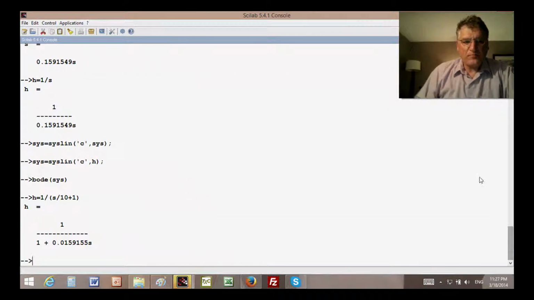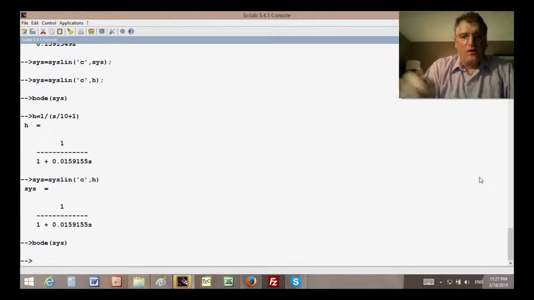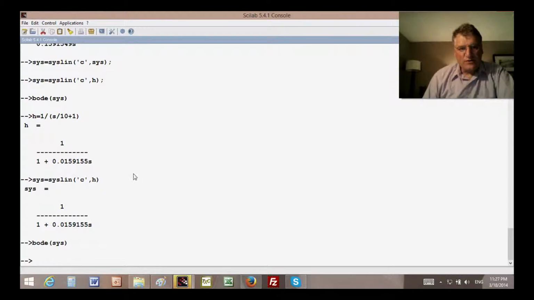So what we do is we first define our system, cis equal cisln of continuous h, and then we do Bode of cis.